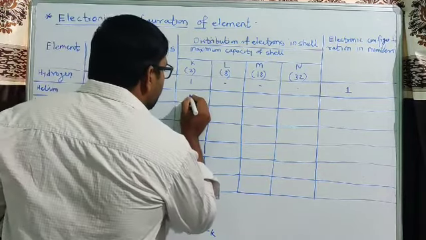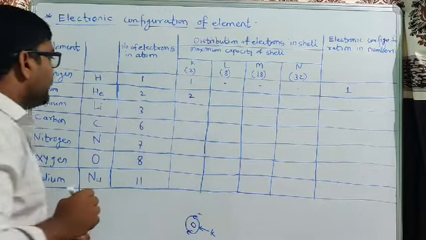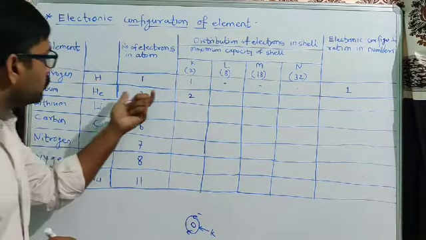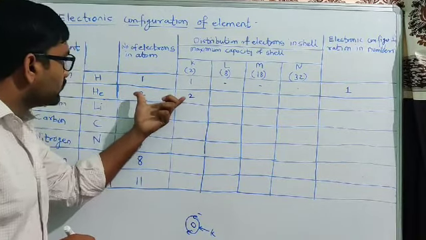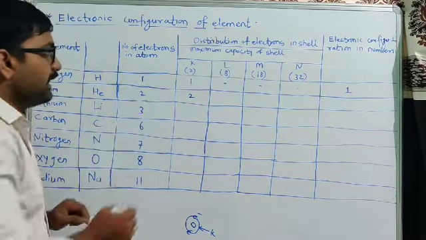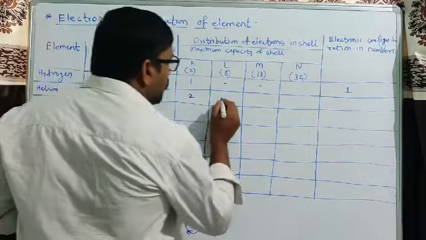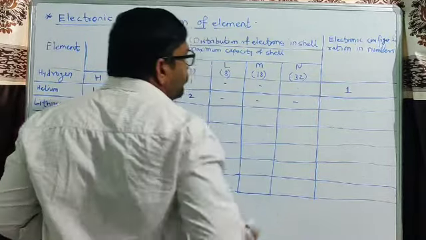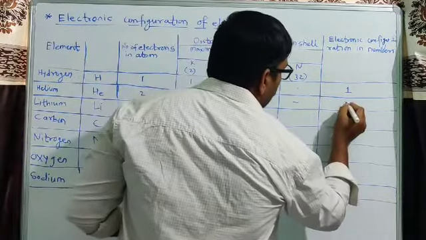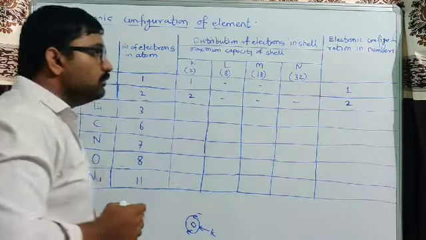In the K shell, how many electrons are there in helium? 2 electrons. So all electrons are added into the K shell. The maximum capacity of the K shell is how much? 2 electrons. So there are no electrons in L, M, N. So here we have to write only 2.